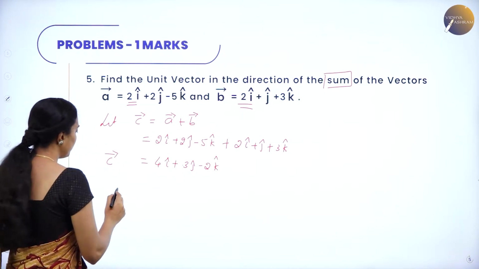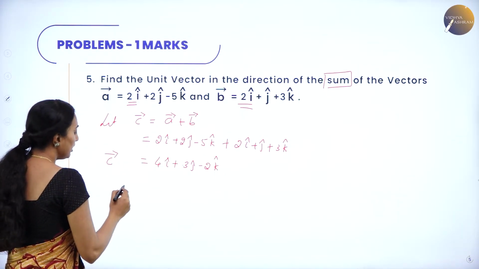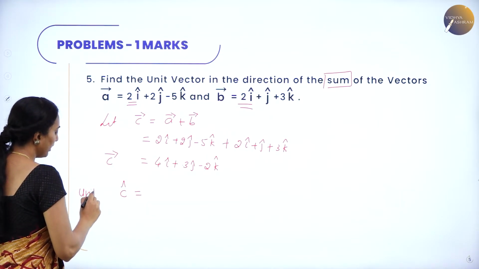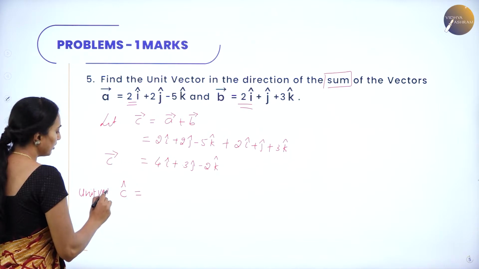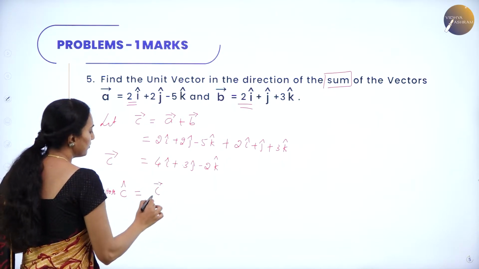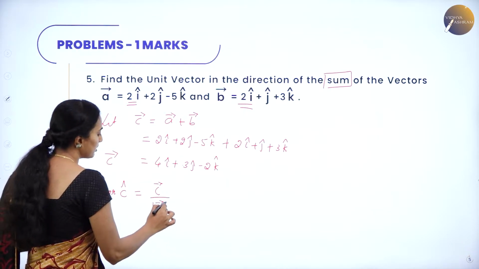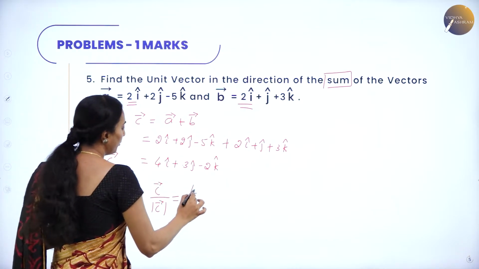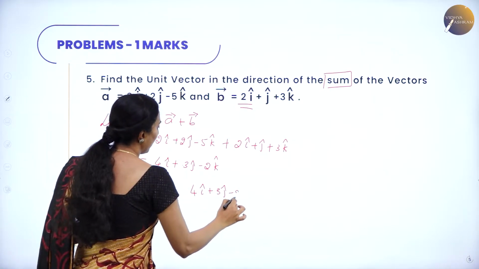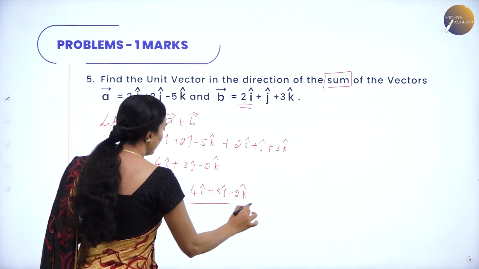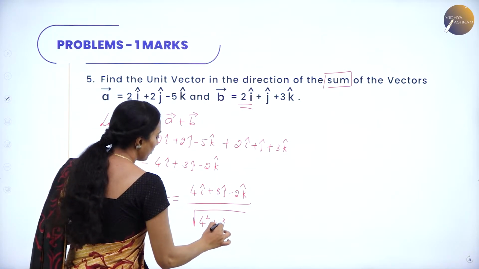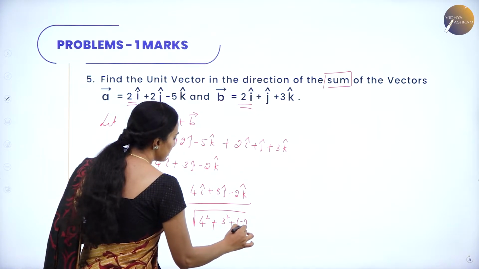What is a unit vector? The unit vector C cap equals C vector divided by the magnitude of C vector. So for C vector, we have found 4i plus 3j minus 2k divided by the square root of 4 squared plus 3 squared plus minus 2 whole squared.